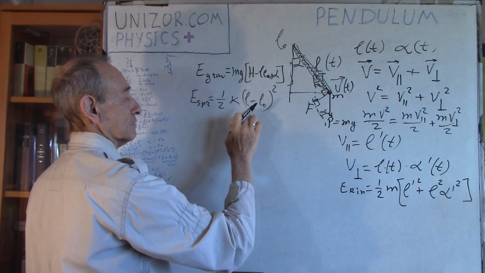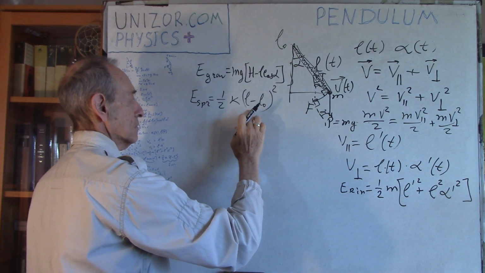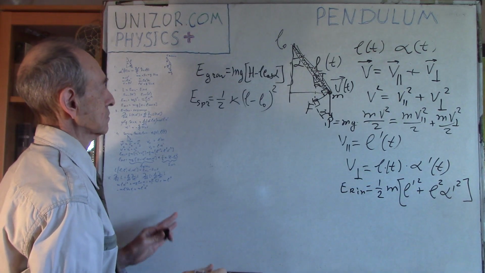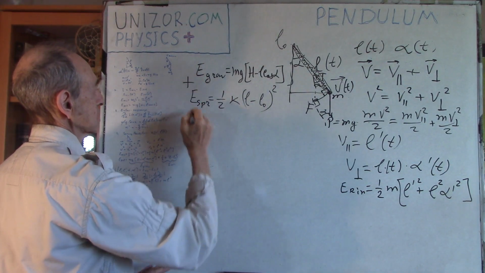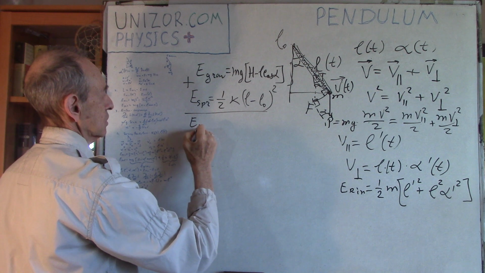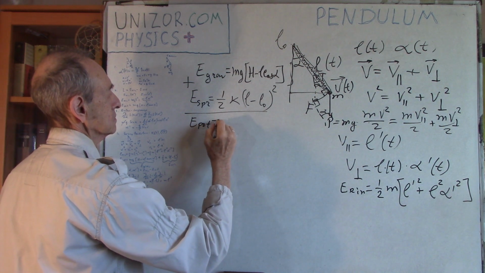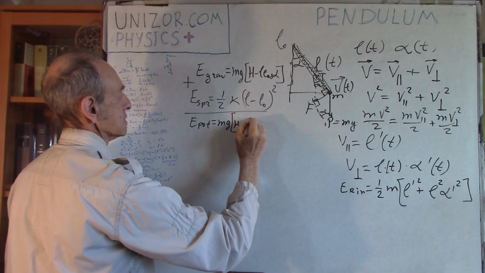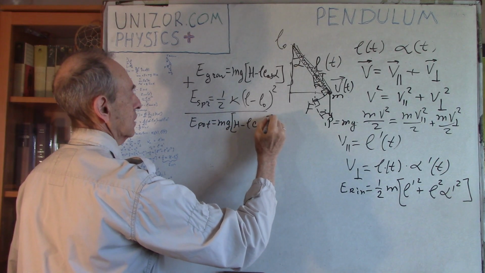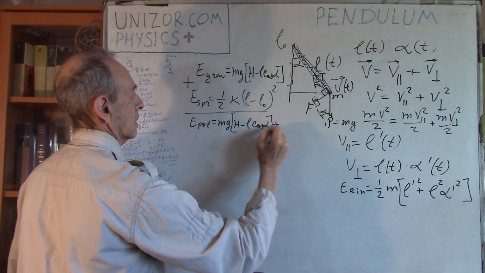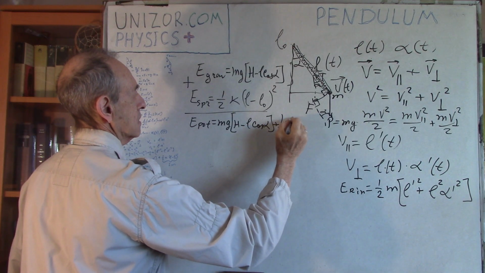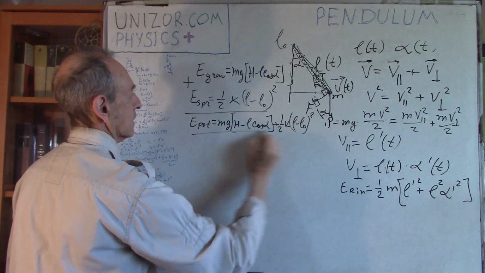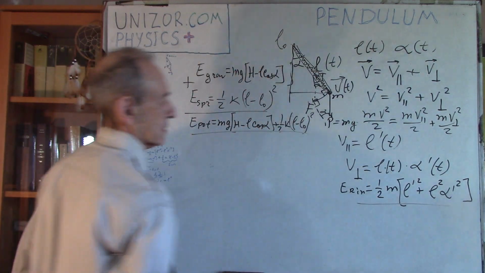L is a function of time, L0 is a constant. So the sum of these is my potential energy: mg times h minus L cosine alpha plus 1/2 k times L minus L0 square. So we have potential, we have kinetic.